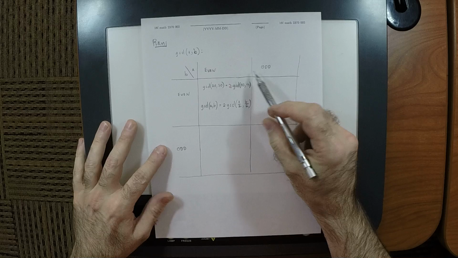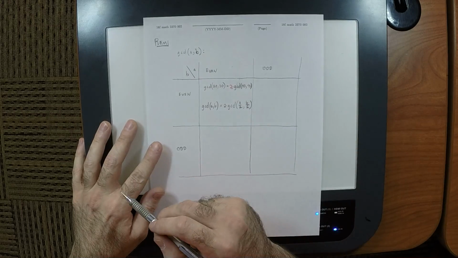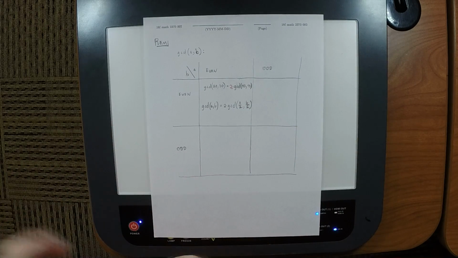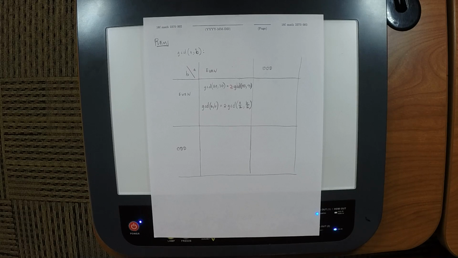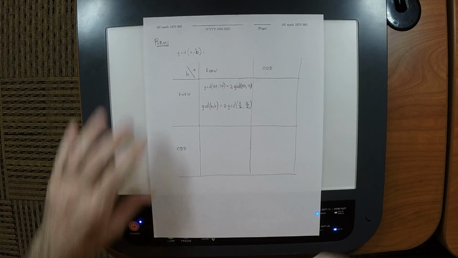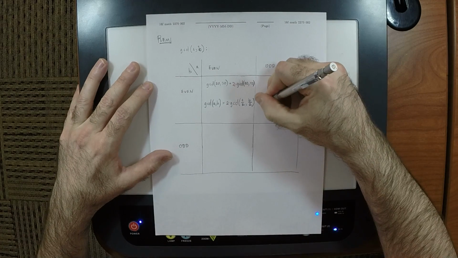What if A is odd and B is even? Then what must be true about the GCD? Can the GCD be even? It can't be, right? So if I ask you about the GCD of an even and an odd number, the GCD can't be even. So in fact, this one's even easier.